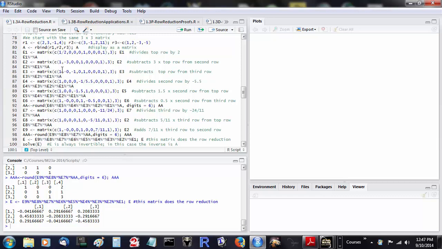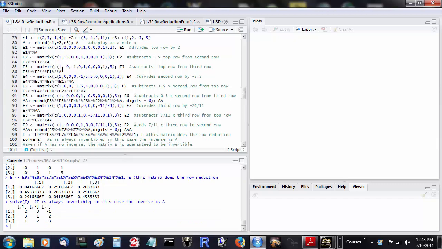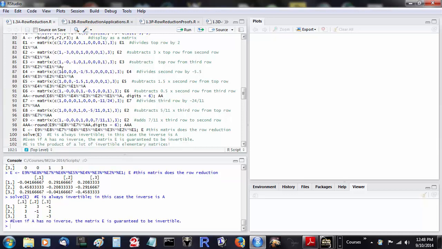99% of the time when you talk about elementary matrices, you don't actually compute the matrices, you merely point out that they exist and that they have a product that's an invertible matrix. In this case, I can use solve to invert that matrix, and the inverse matrix is just the inverse of A. So we have found a way to invert a matrix by doing row reduction via elementary matrices.